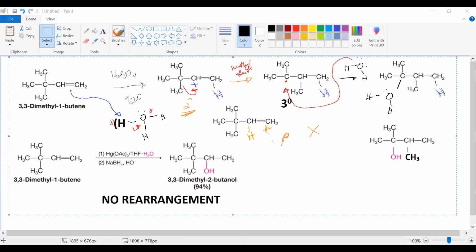And you will have oxygen bonded with a positive protonated OH here. Once you get your protonated OH, the protons on the OH here are then removed.